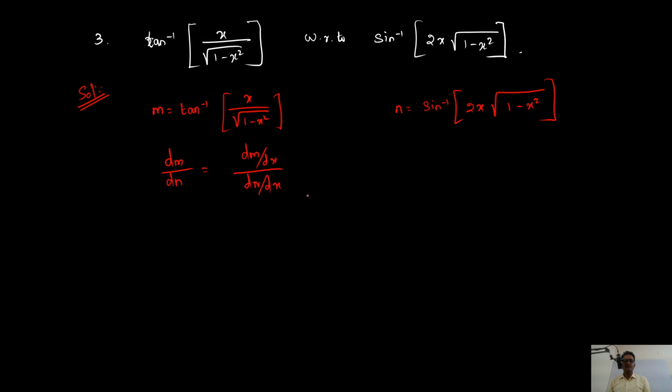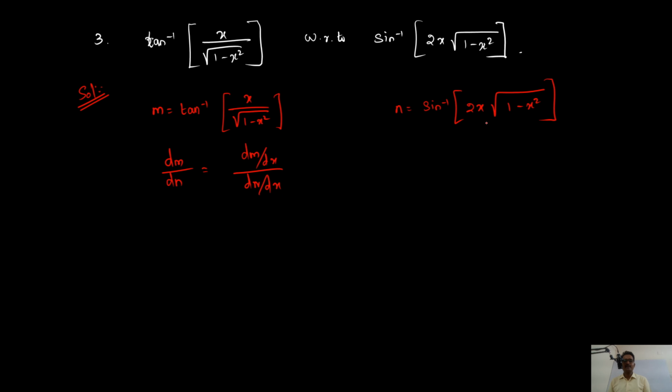So you have to use trigonometric transformation. Tan inverse is outside of the parenthesis, so look at the parenthesis. Inside value we try to express in terms of tan. Similarly here, sine inverse, inside value you have to try to express in terms of sine.